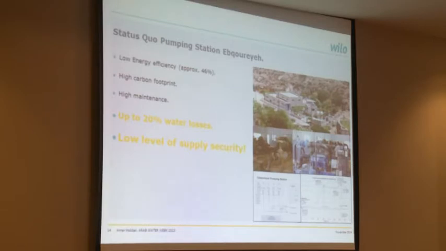Low energy efficiency, the existing pump had an efficiency of only 46%, maybe less than that. Of course, this needs more energy, and it means more CO2. High maintenance was a requirement, with up to 20% water losses. That means not all water can be used, and low level of supply security.